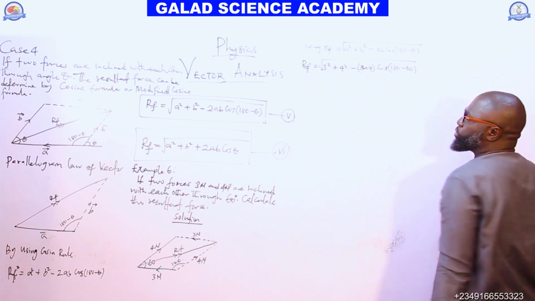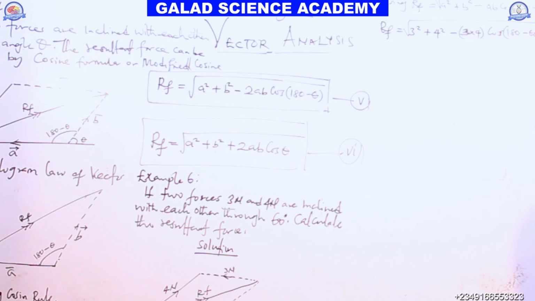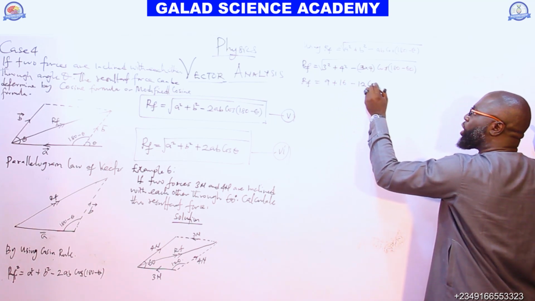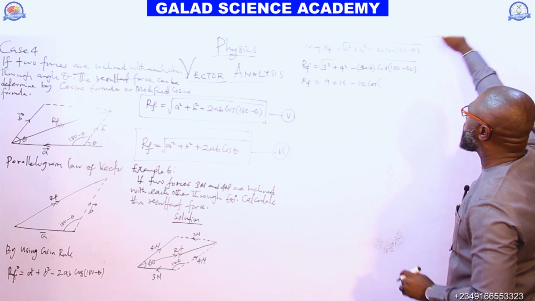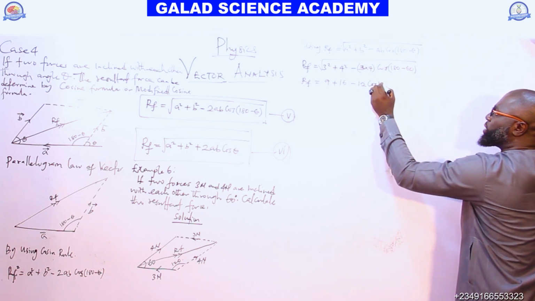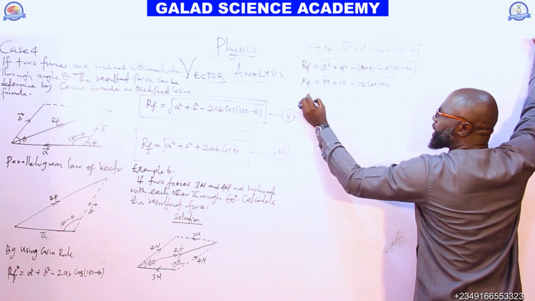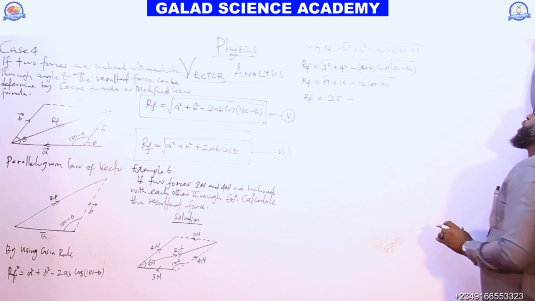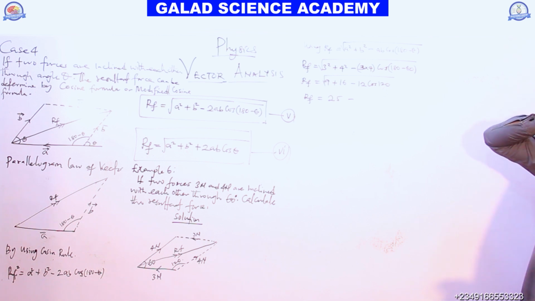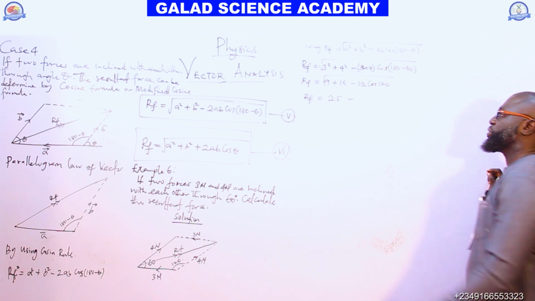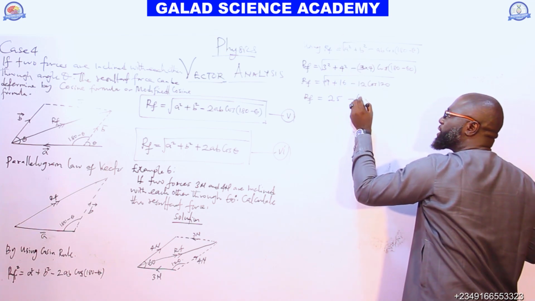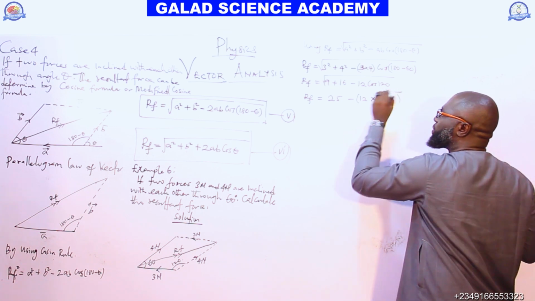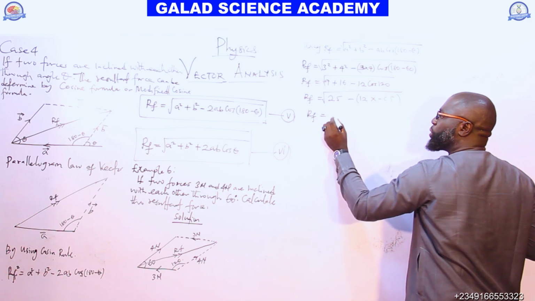So we have 9 plus 16 minus 12 cos 120. Subtracting this gives 120. The resultant force is the square root of 25 minus 12 times cos 120, and cos 120 is minus 0.5.